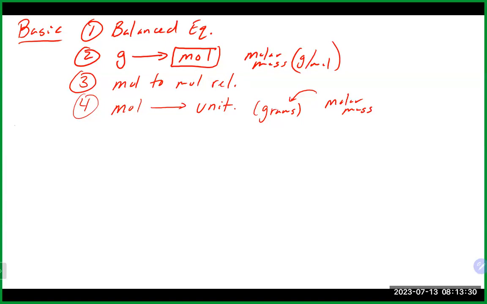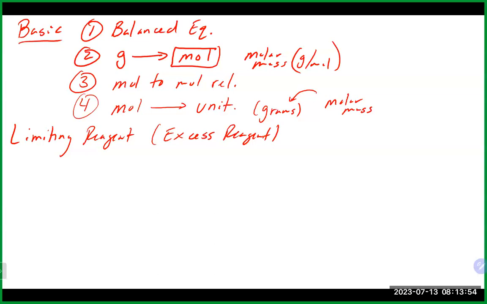We then talked about limiting reagents. And the idea of limiting reagents, and with that what is referred to as excess reagent, or reactants. The idea here is that in most reactions, both of the reactants are not used up at the same rate.